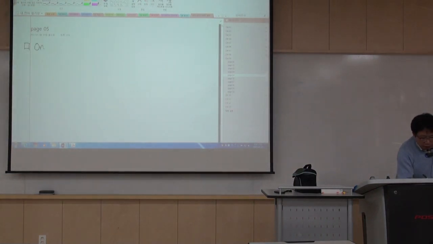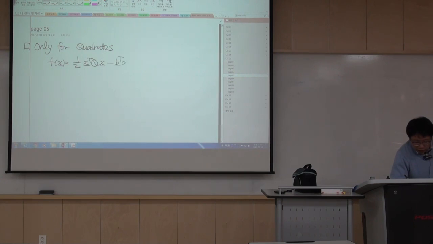So now, only for quadratic functions, where the function f is 1/2 x transpose Qx minus b transpose x, we define V of x. And V of x is what?